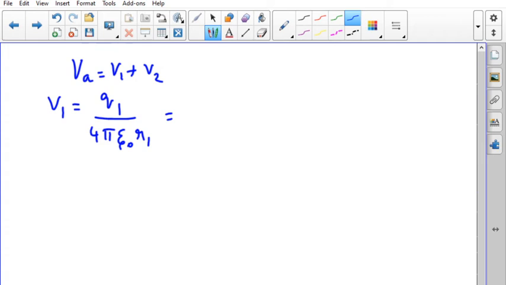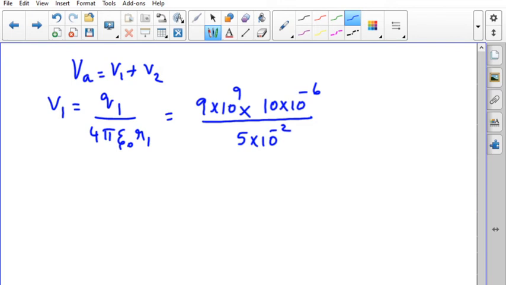R1 is the distance of the first charge from the point A. So what is the value of 1 by 4 pi epsilon naught? It is 9 into 10 power 9. What is the first charge? 10 into 10 power minus 6. What is the distance? 5 centimeter, so this will become 10 power minus 2. So it is 18 into 10 power 5 volt. So this is V1.